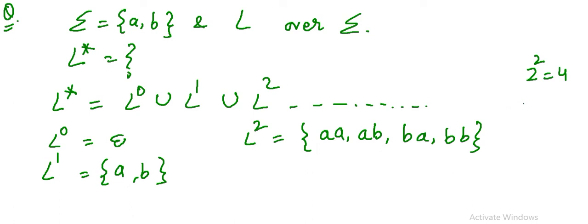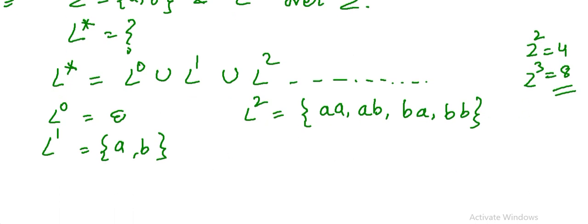So for the combinations of length 3, it will be 8, right? You can also generate L3, but I think there is no need to calculate.